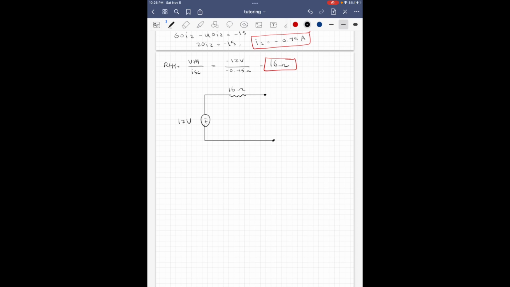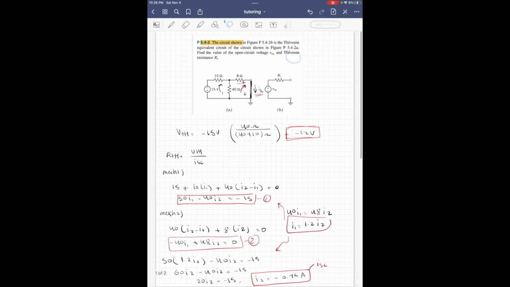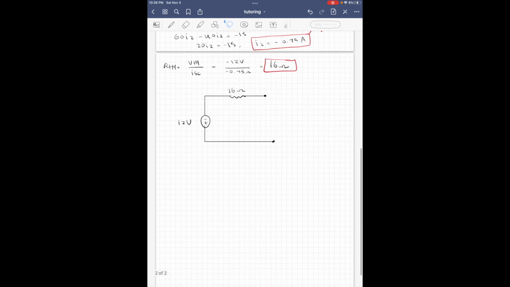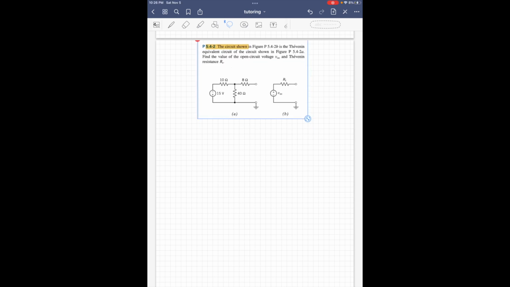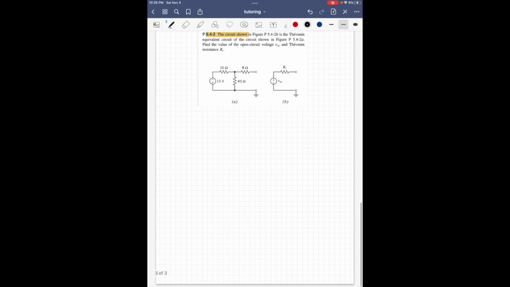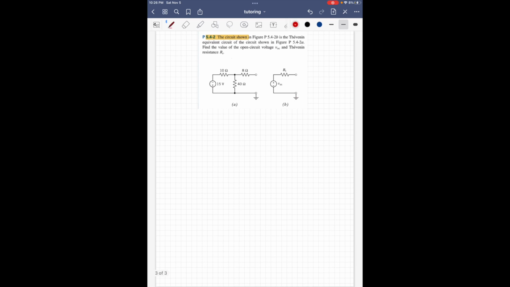Alright, now I'm going to show you another method which I find to be a little bit simpler and less time consuming to find the Thevenin circuit. A Thevenin equivalent circuit is just a simplified circuit of whatever is on the other side of the terminals, right?